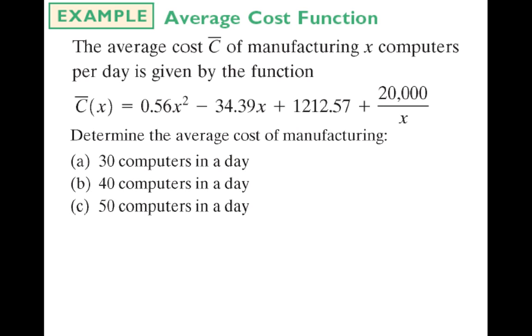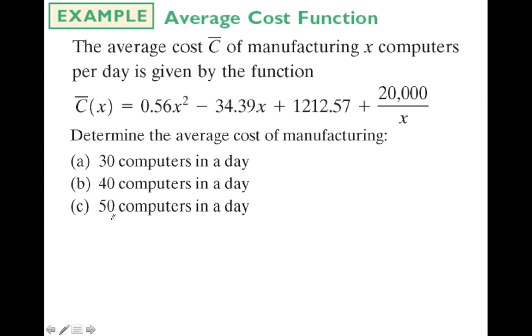All right, for the next question, you're simply going to use your calculator. The average cost C of manufacturing x computers per day is given by the function. Determine the average cost of manufacturing these different numbers of computers. So we'll just do the first part. A is 30 computers in a day. It's x computers per day, so the 30 is an x value.